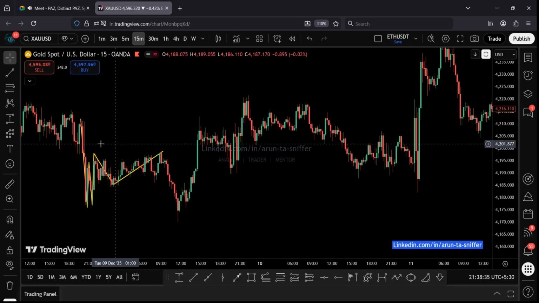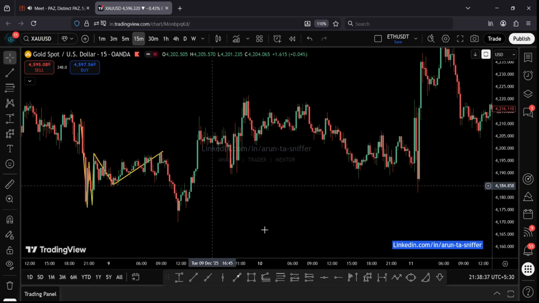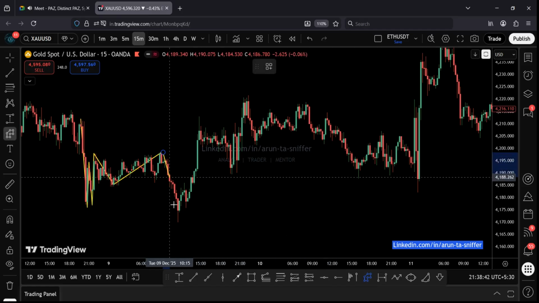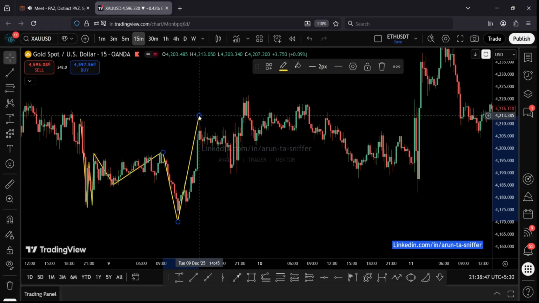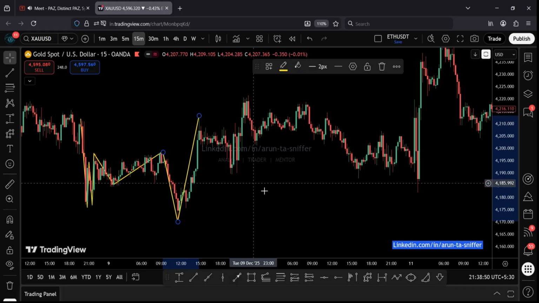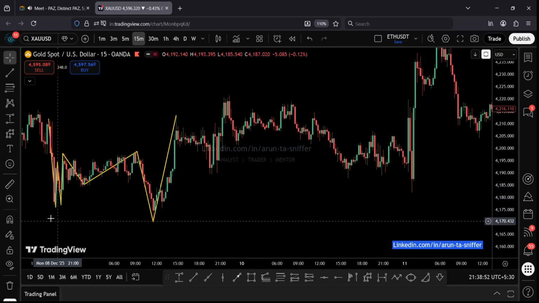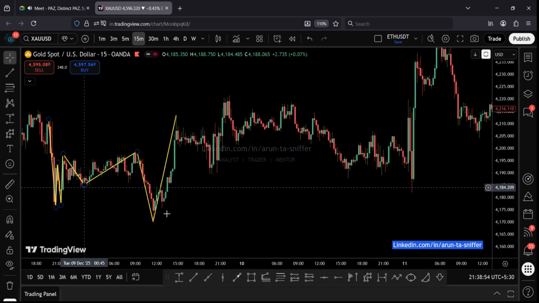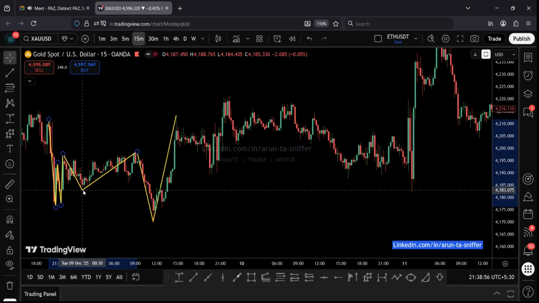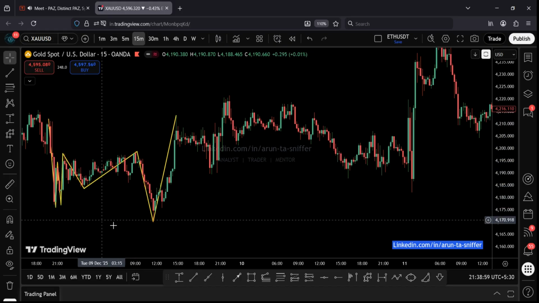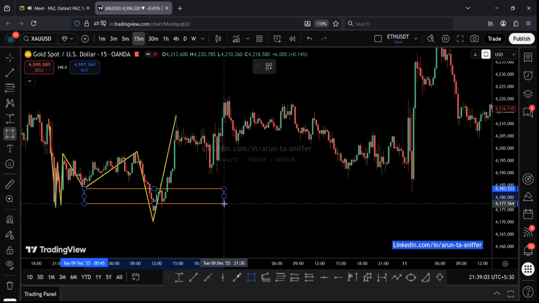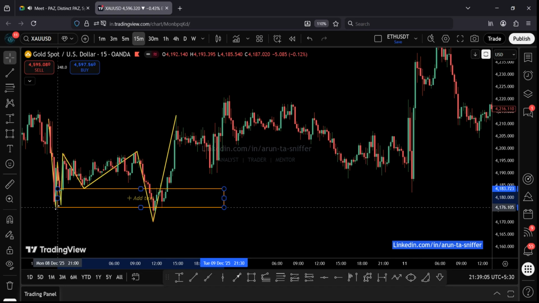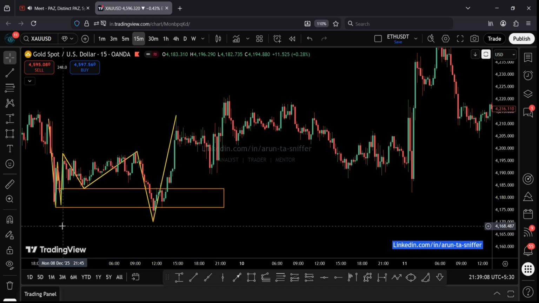There is some zone which price did not cross, and then it comes down again like this, then goes up, and this time this crossed or engulfed. And then if we find the distinct price action zone, it will be from this tip to this tip, like this.